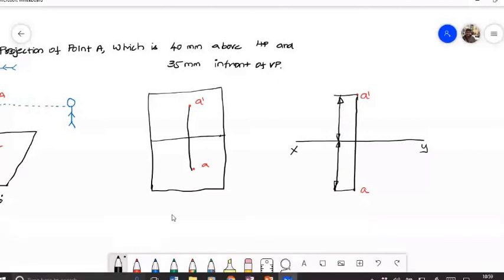So what is this distance? Can someone say? 35. No, 40. Whether this distance is 35 or 40? The upper one is A dash A equals 80 millimeter.